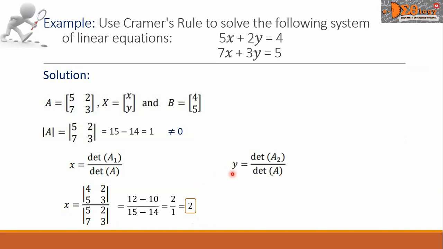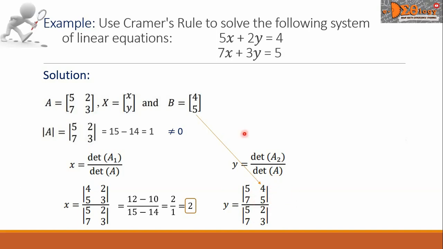For variable y, this is equal to determinant of A sub 2 over determinant of A. First thing is, we can copy the matrix of A here. And for the A sub 2 matrix, we have like this. It is almost the same as the matrix A except the column 2.